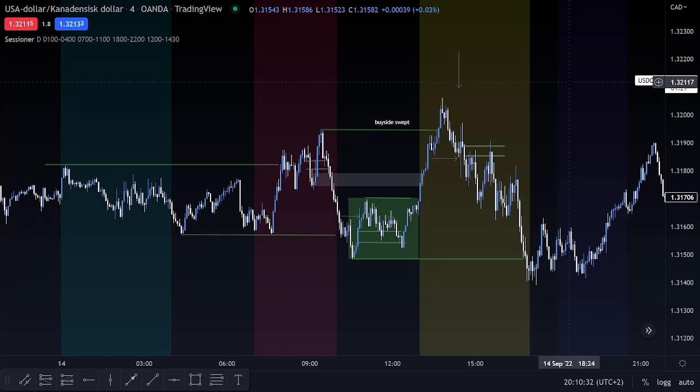The point here is also to try to keep it simple. Are we at the high? Are we at the low? Do we get a reversal? Do we have a clear objective of selling or buying back our position? Well, just go with it. And that's pretty much what I do. I ask myself, have we taken out liquidity?